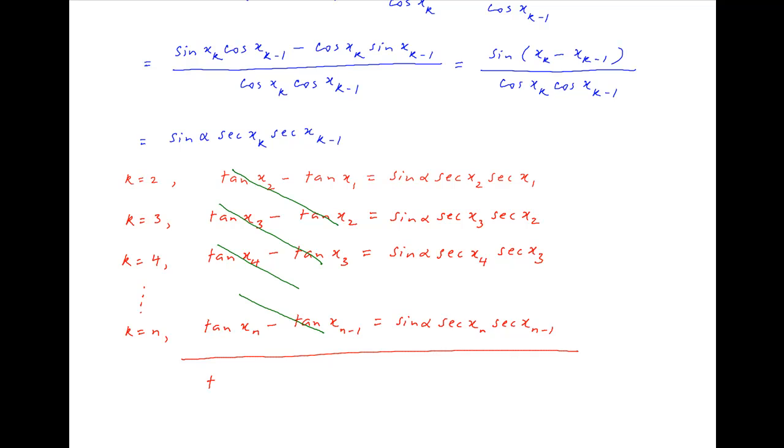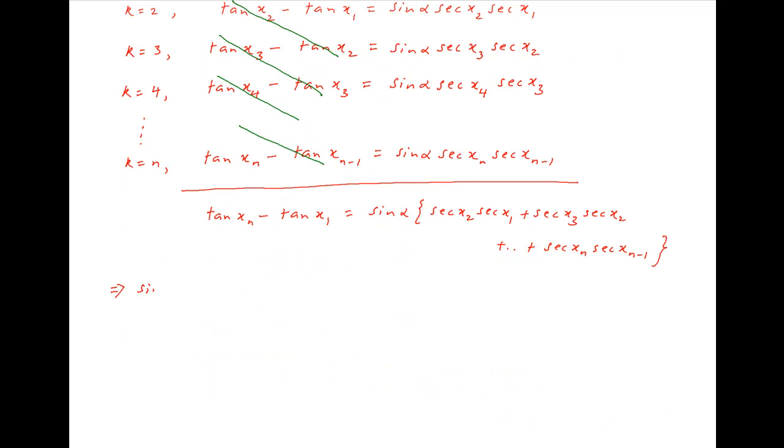And on the left hand side we are left with tan of xn minus tan of x1 is equal to, on the right hand side, take sine alpha common and we're left with sec x2 sec x1 plus sec x3 sec x2 plus and so on. The last term is sec of xn times sec of x(n-1).